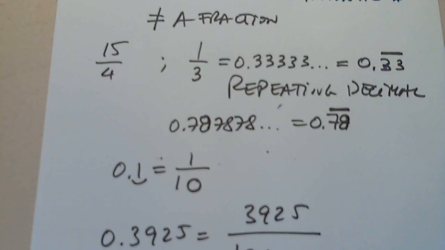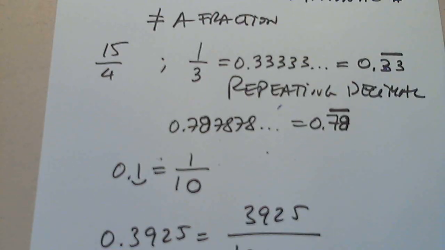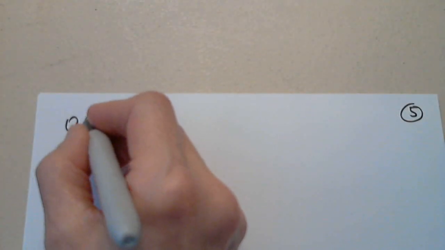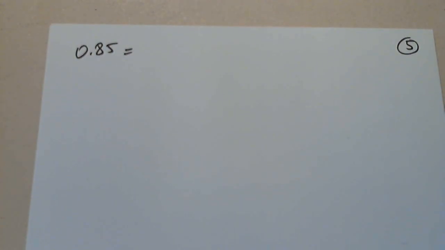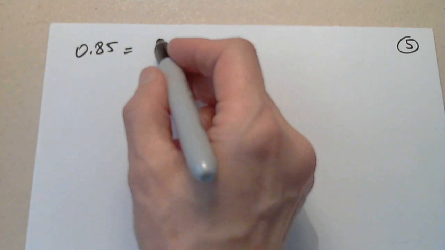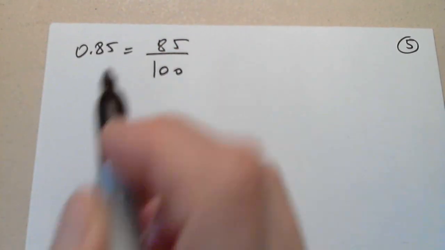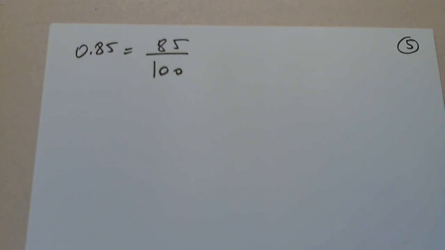Any questions? Okay, so let's look at another example. Let's say we are given 0.85 to change into a fraction. Okay, that's fine. That's easy. But what if now they're saying presented in lowest terms as well?